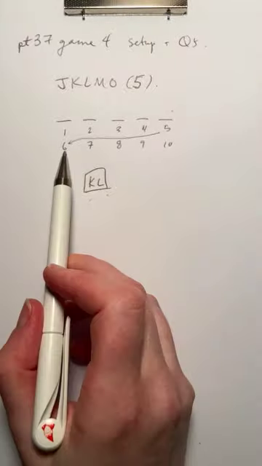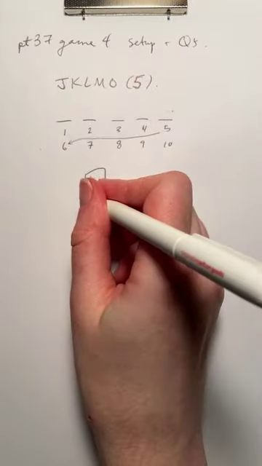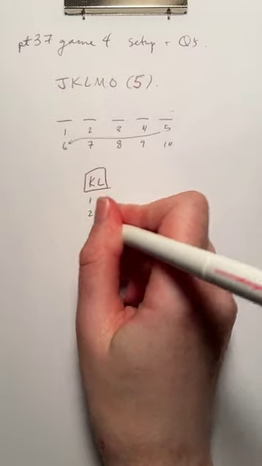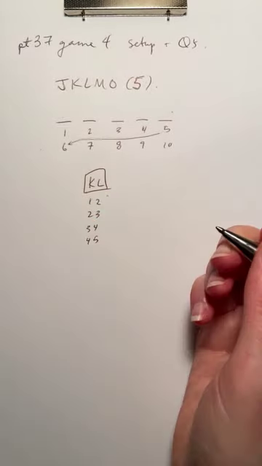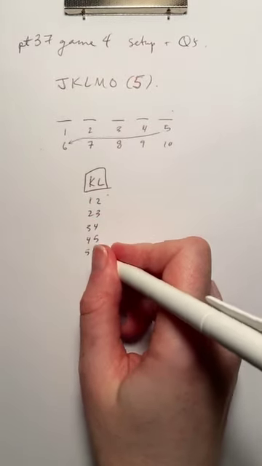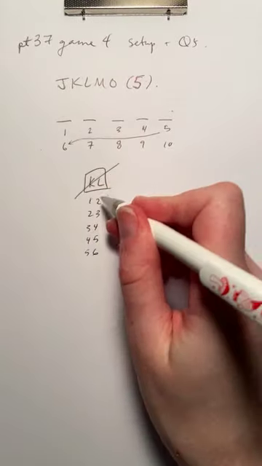So typically we would just want to make sure that we don't have them 1 2, 2 3, 3 4, or 4 5, but we also in this case want to make sure that they're not 5 6.